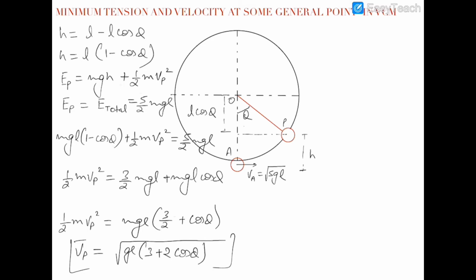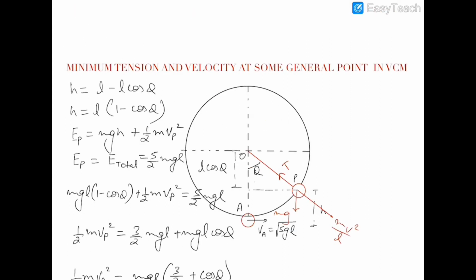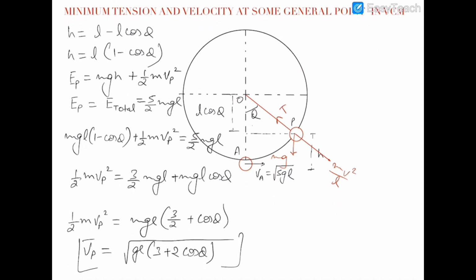Now the tension at point P can be found out. This will be the tension T, and this will be mg, and m v square by r will be acting like that. This is m v square by L, and this angle will also be theta.